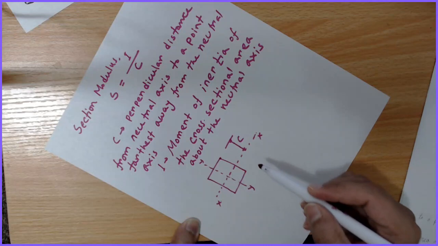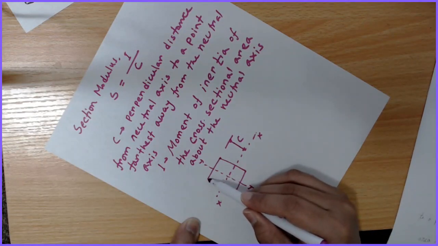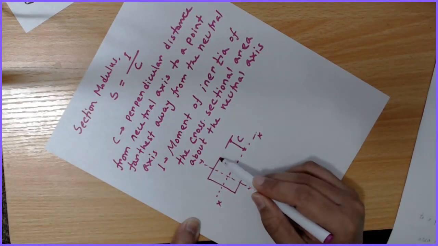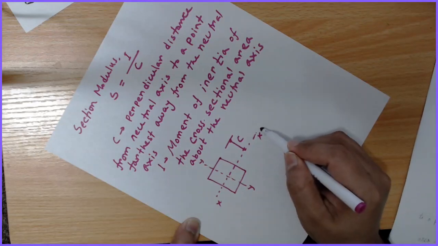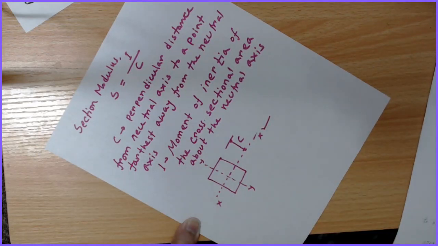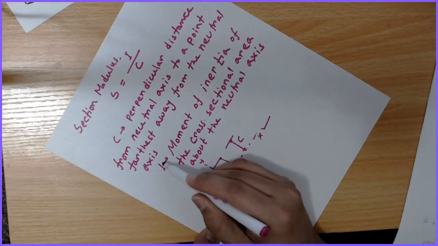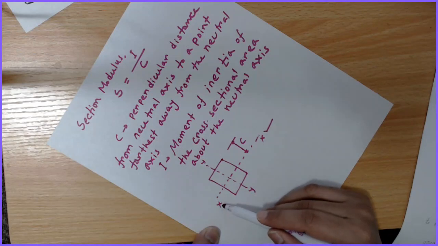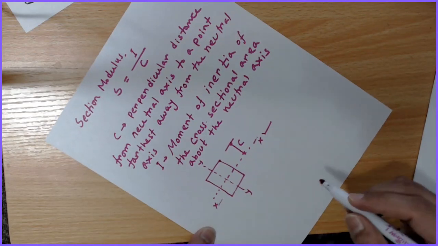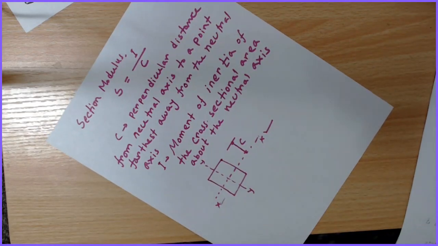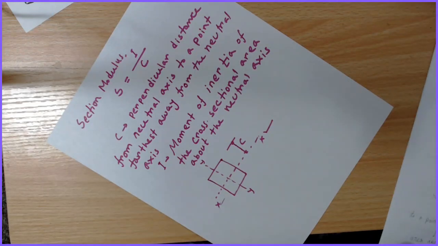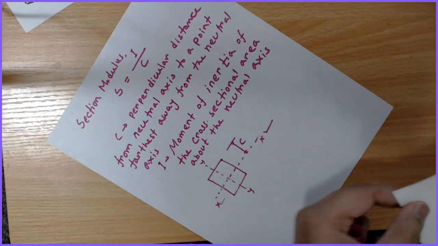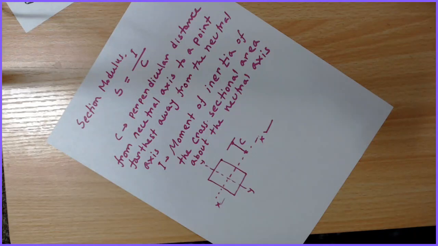If I consider this cross section, I will take this x neutral axis and find the moment of inertia for this x neutral axis. As I said, this is a geometric property.